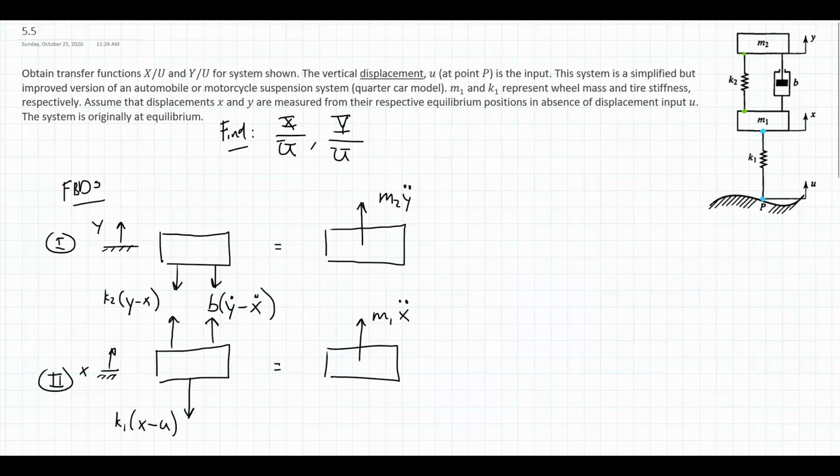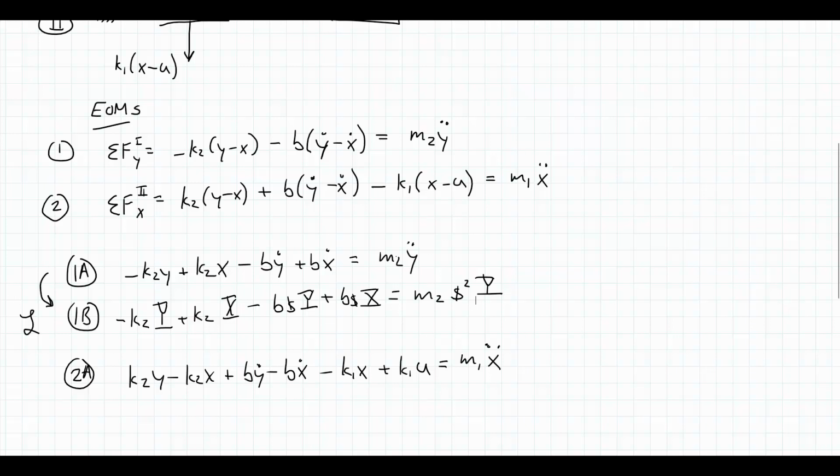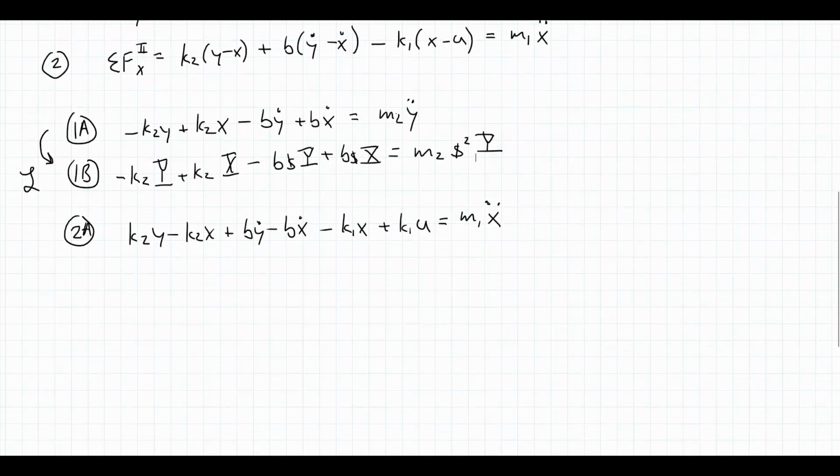So all of those initial conditions are 0, and that's why we get the simplified sY, sX, or s squared Y. And the same will be true from 2a to 2b.